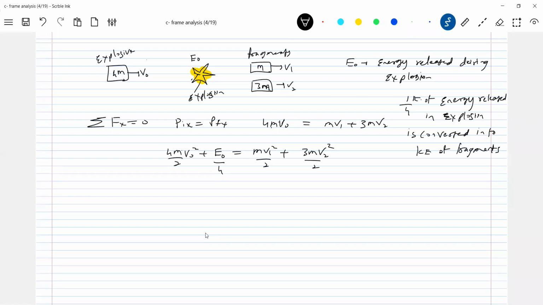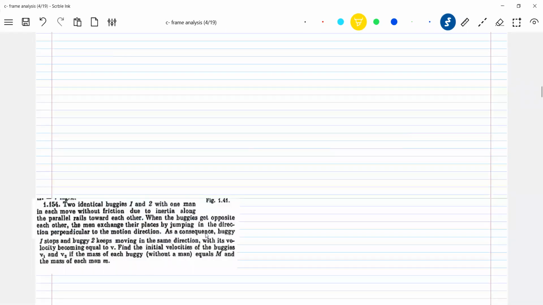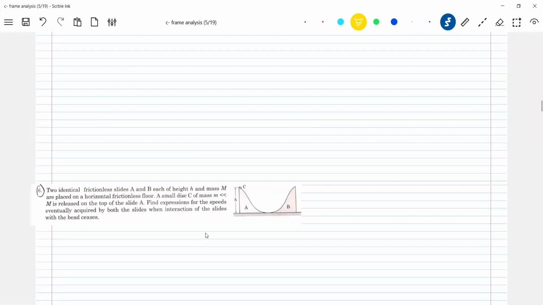If I put this condition, then you should write E naught by 4 as the total energy converted into kinetic energy of fragments. This is a very generalized idea, nothing to do with any concept linking here. One more, something related to this.